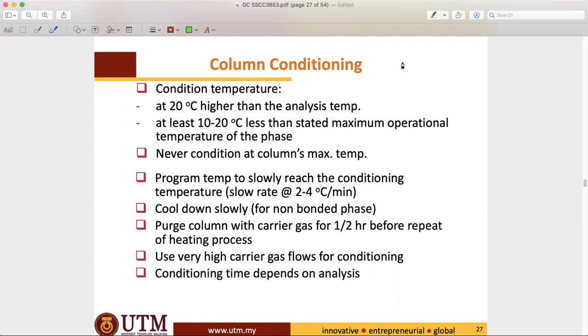So for your analysis, you need to condition it first. How does column conditioning for GC happen? The conditioning temperature is usually 20 degrees higher than the analysis temperature. So you just set the temperature and then you do a blank run.